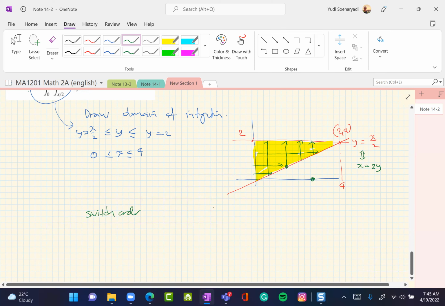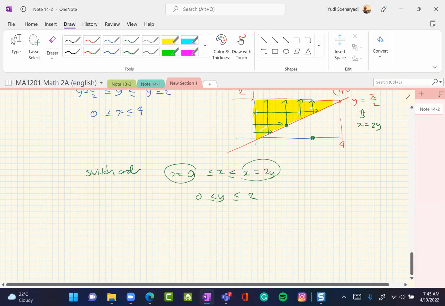When you switch order, x goes from left to right, starting from 0. So x goes from 0 to 1, and y, now that's easy, y from 0 to 2.